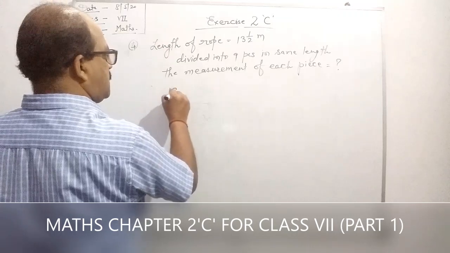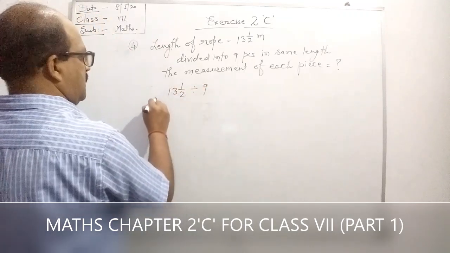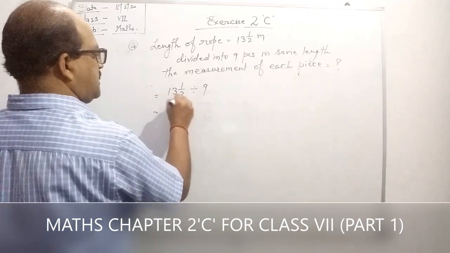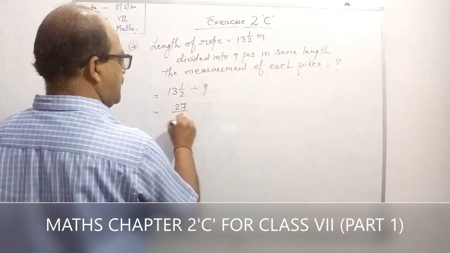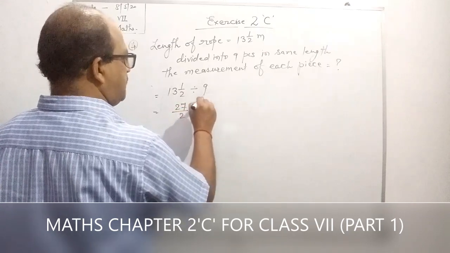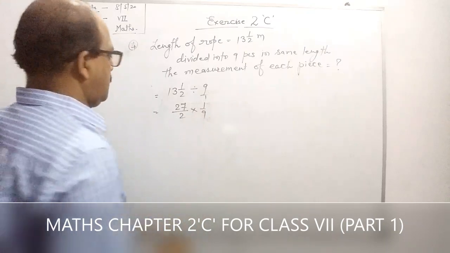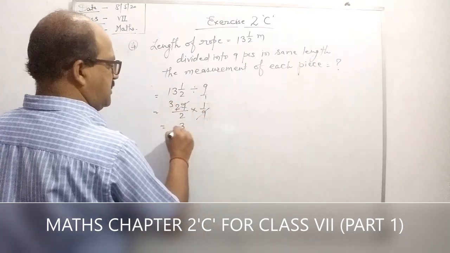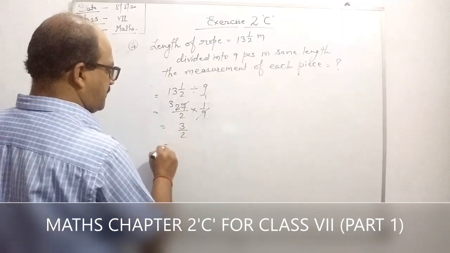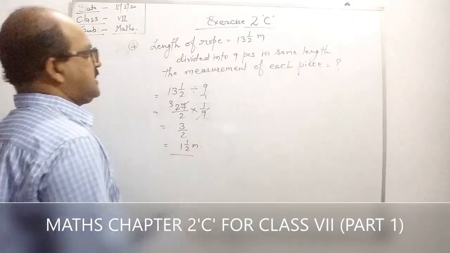So 13 whole 1 by 2 divided by 9. 13 twos are 26, plus 1 is 27, so 27 by 2 multiplied by 1 by 9. As we know, 1 is laying here. So 9 threes are 27 and 3 by 2. This is an improper fraction, so 1 whole 1 by 2 meter is the answer.